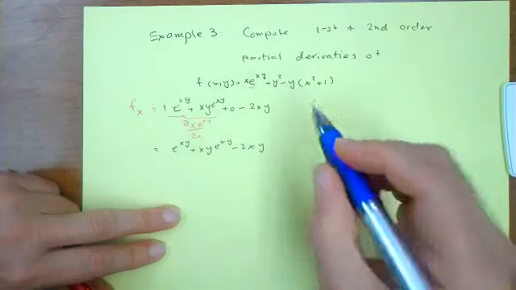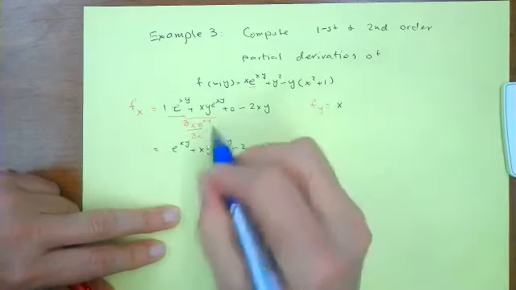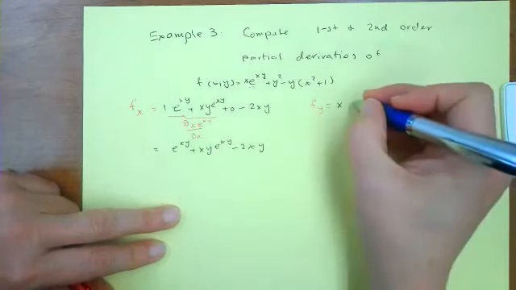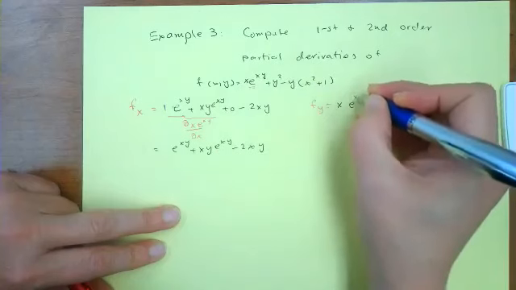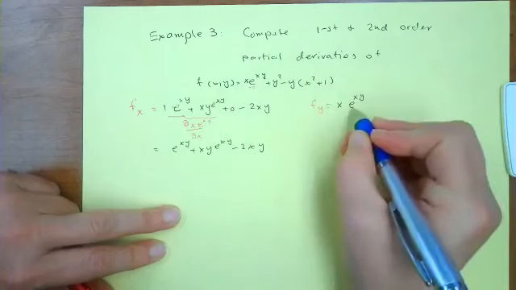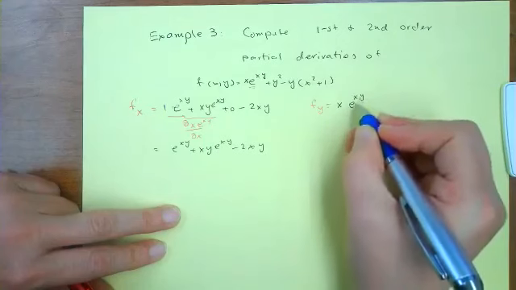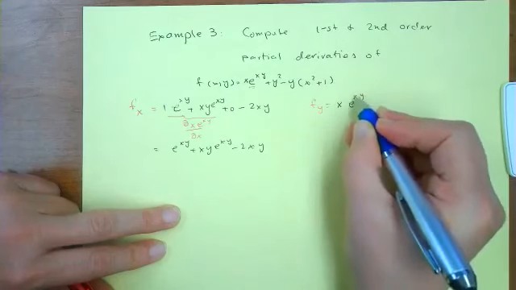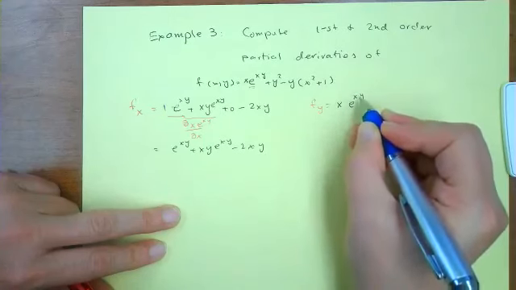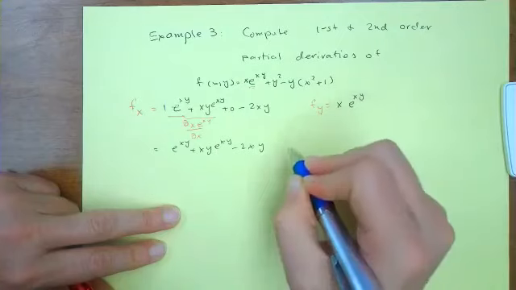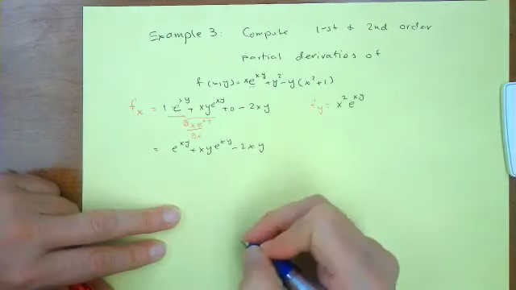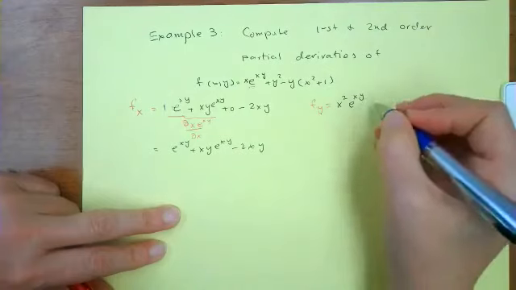Rather than a product rule, you will have a constant coefficient times the derivative of exponential, which is going to be itself, times the partial of the exponent with respect to y here. So it's x squared e to the power xy.